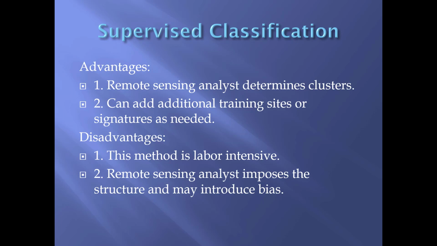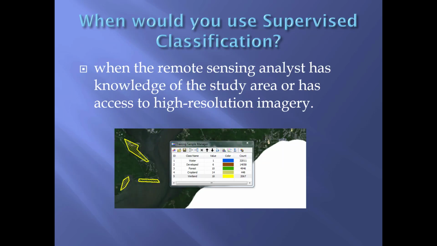Supervised classification has the advantage that the remote sensing analyst will determine the clusters. You can add additional training sites or signatures as needed, and the disadvantage is that it's labor intensive, and the analyst will impose structure and may introduce bias, and that is just something to account for and know ahead of time.